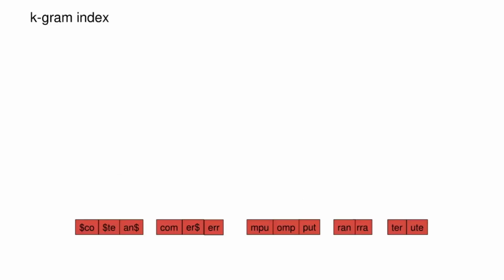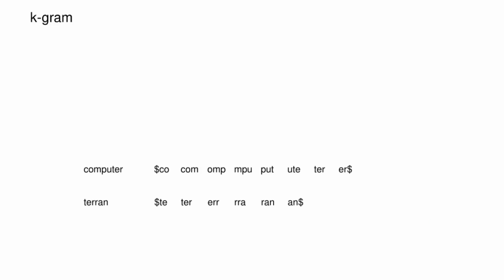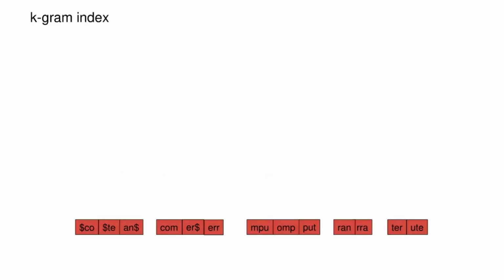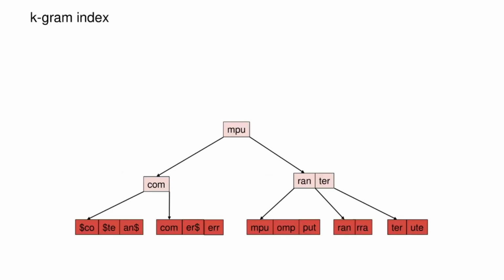So then what we do is we build an index. We love building indices, right? So we just love building indices. And here's yet another index. We are just taking all of these 3 grams. And we are going to build, as always, some sort of B plus tree or something like this, or maybe we don't even need a B plus tree that is as large as usual. Maybe a simpler version of a tree is enough.